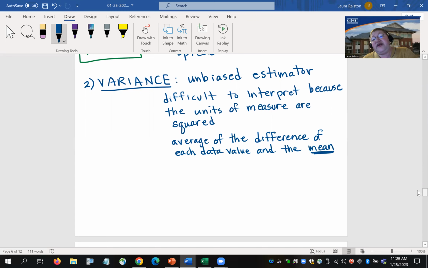Okay, so here's one case where we're actually using the mean to calculate something else. And so the variance gives you an average of that difference.